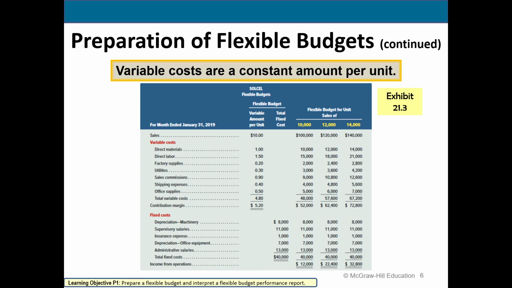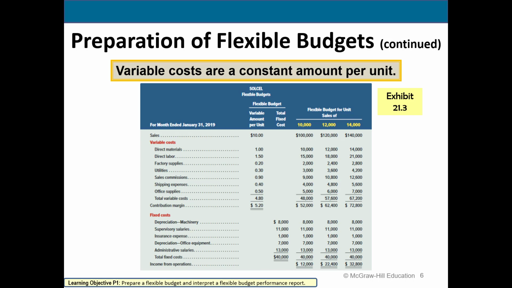That is the formula for the total budgeted cost management can compute at any activity level using a flexible budget.